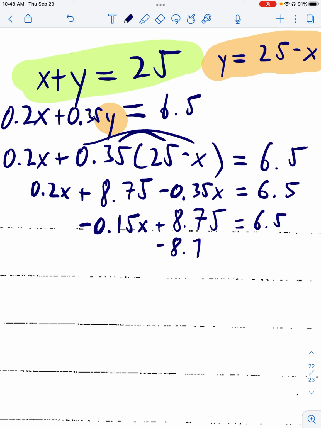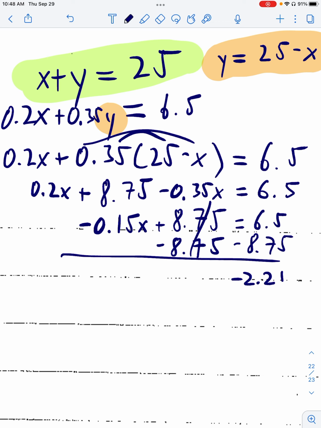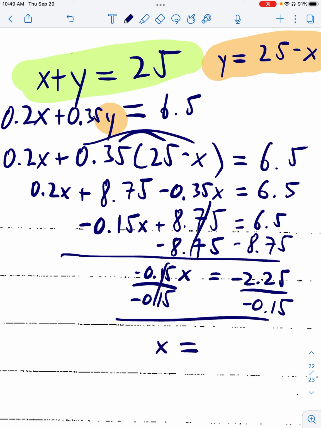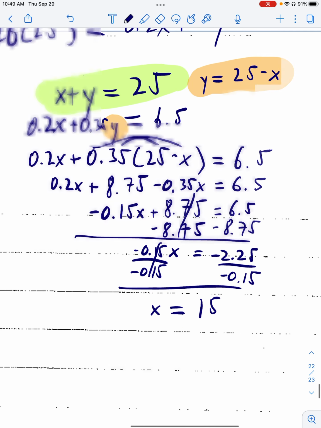Subtract 8.75 from both sides and we get negative 2.25 equals negative 0.15X. Divide by negative 0.15, and X equals negative 2.25 divided by negative 0.15, so X equals 15.